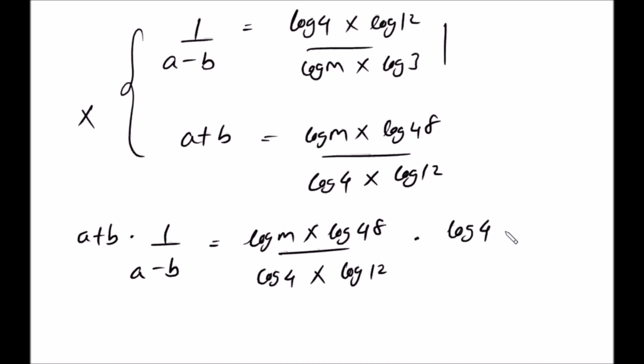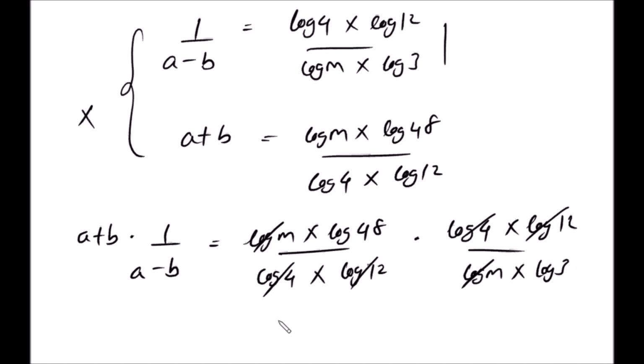Kwa hiyo ni log of 4 times log of 12 chini ya log of m times log of 3. So log of m kwa heri. Log of 4 kwa heri, log of 12 kwa heri. Kwa hiyo upande wa huku sasa nitabaki na a plus b over a minus b ni sasa na log of 48 over log ya 3.